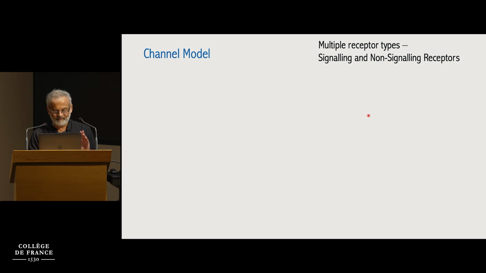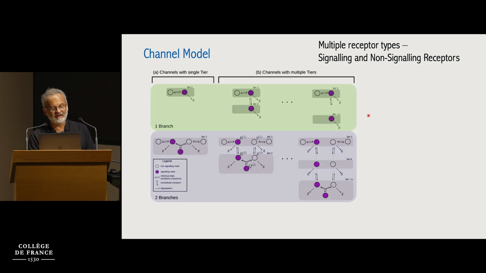We're going to allow for the existence of multiple surface receptors. We'll call them signaling and non-signaling receptors. This nomenclature will be clear later on. So every cell has some level of signaling receptors and non-signaling receptors, and each cell is endowed with a chemical reaction network, as shown here.